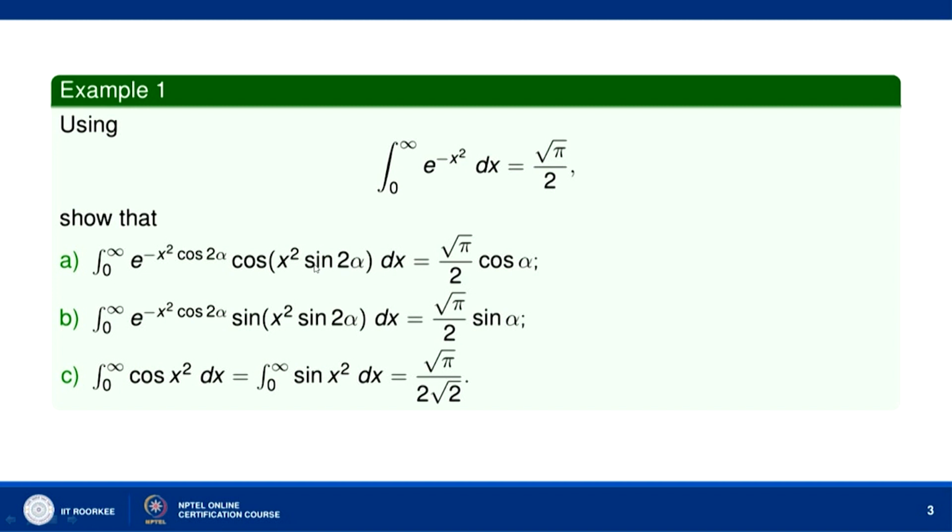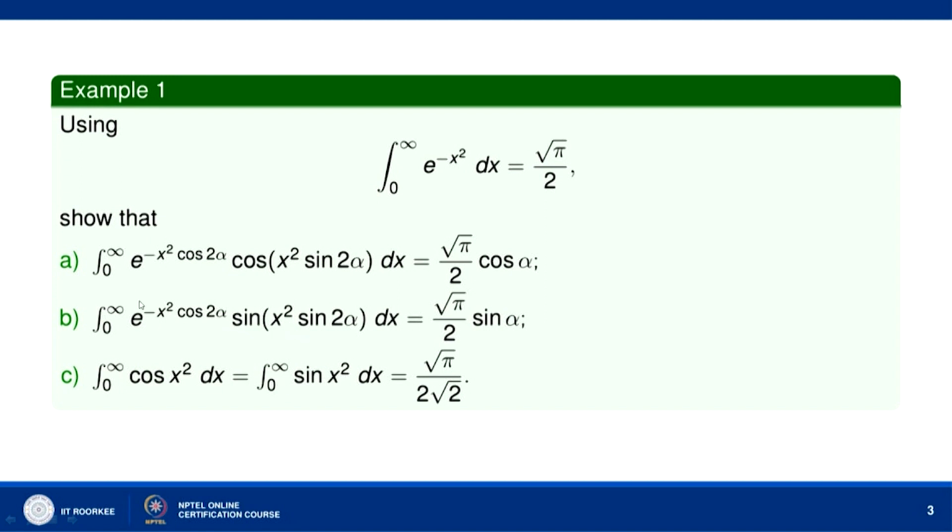So, this is root pi over 2 cos alpha, and this is root pi over 2 sin alpha, and here when you take alpha equal to pi by 4, you will get integral e to the power minus x square cos pi by 2. Cos pi by 2 will be 0, so e to the power 0 will be 1, and we will get cos x square sin pi by 2 is 1. So, we will get integral 0 to infinity cos x square here, and here when you take alpha equal to pi by 4, you will similarly get sin x square.